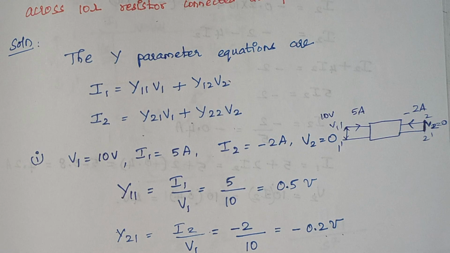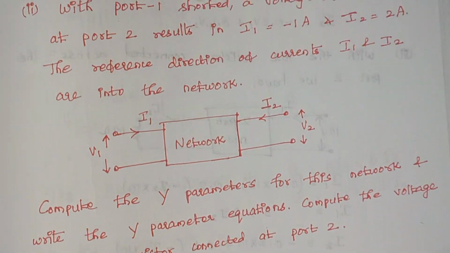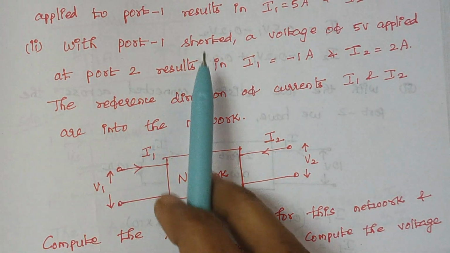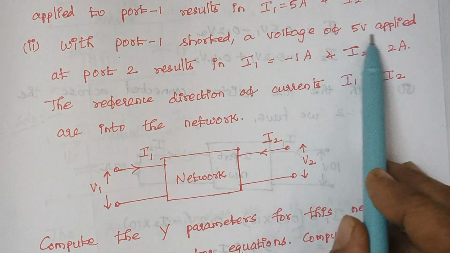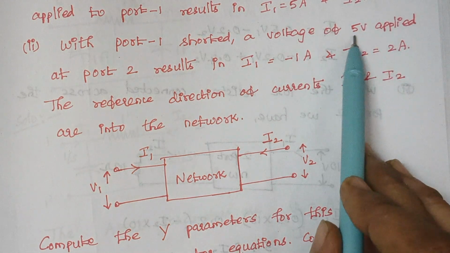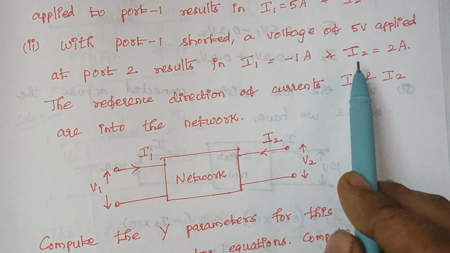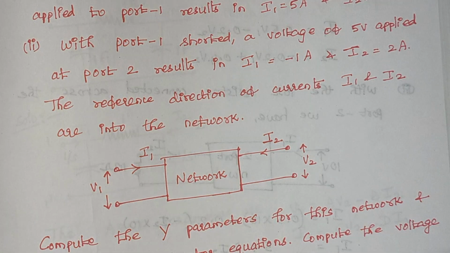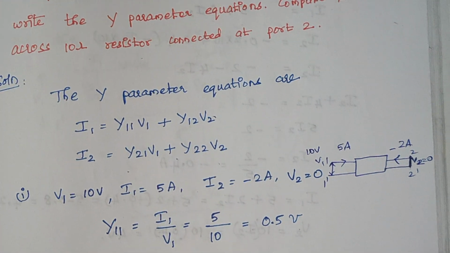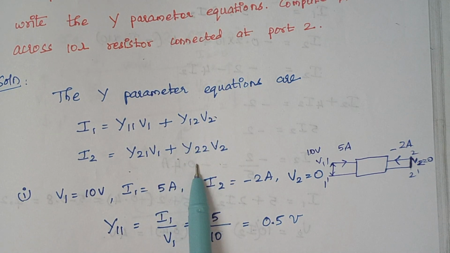Now we are considering our second part of the question. You see here we are short circuiting port 1. The input port is short circuited and this 5 volt is our V2, that is the voltage applied at the output port. The respective currents are I1 is minus 1 amps and I2 is 2 amps. So when V1 is made 0, we can easily calculate the value of Y12 and Y22.